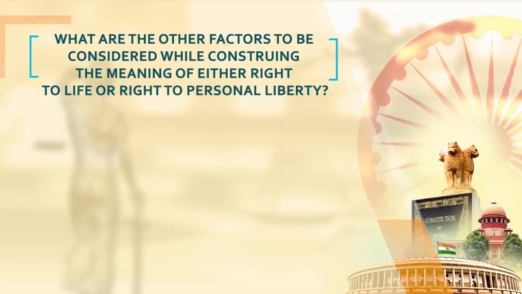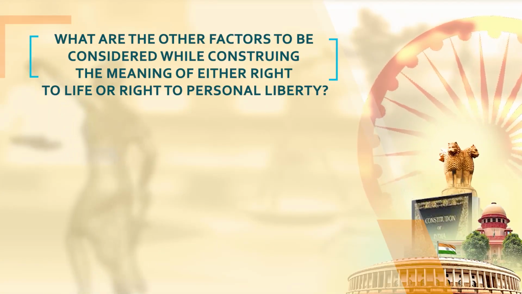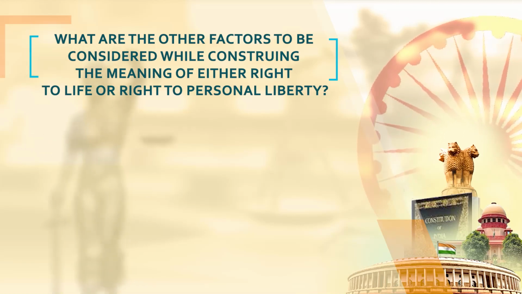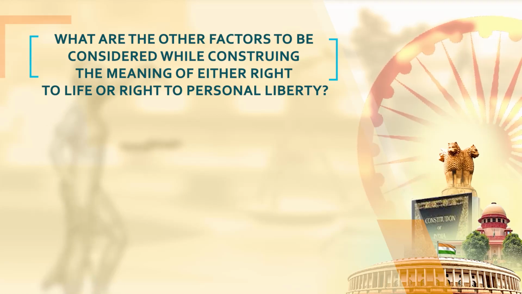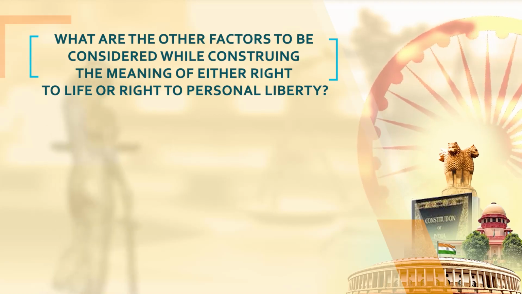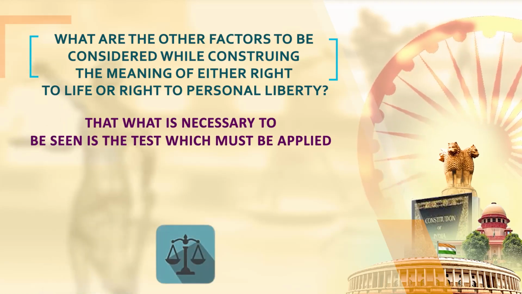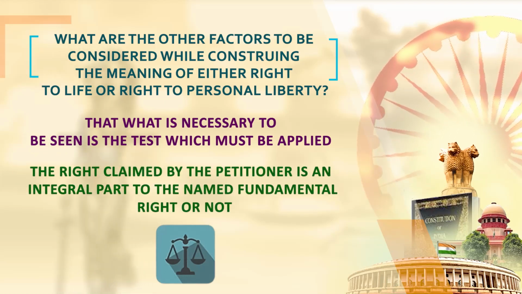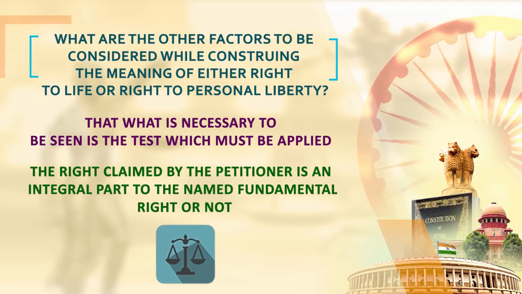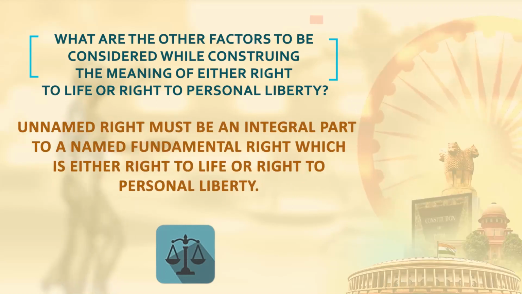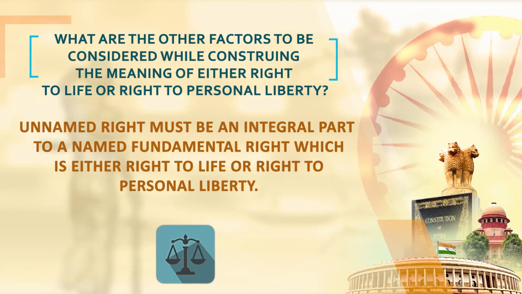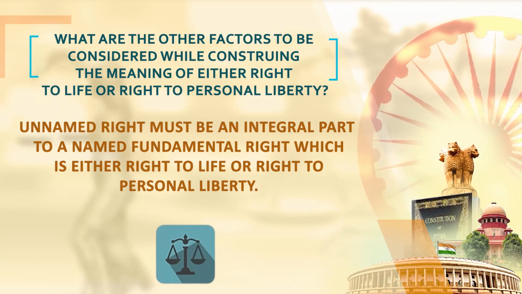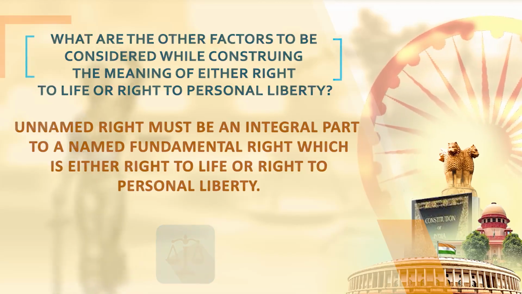What are the important factors to be considered while construing the meaning of either right to life or right to personal liberty? Now this stanza is very important. What is necessary to be seen, and that is the test which must be applied, is whether the right claimed by the petitioner is an integral part of the named fundamental right or not. So the unnamed right must be an integral part of a named fundamental right, that is either right to life or right to personal liberty.